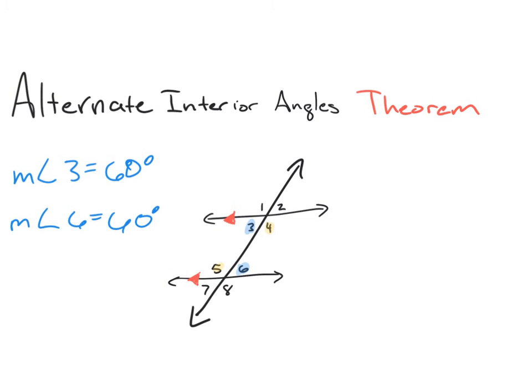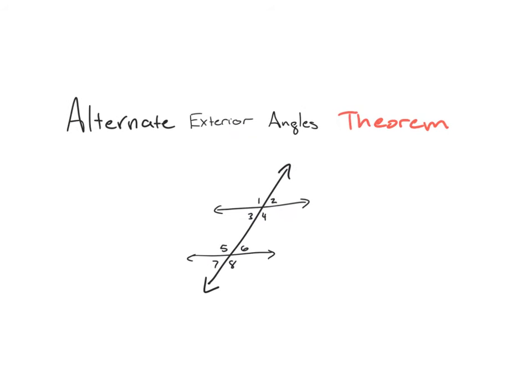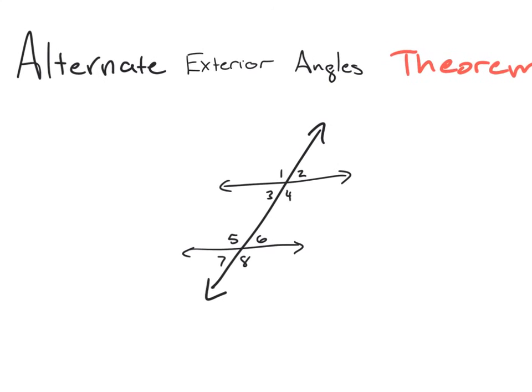Theorems and postulates give us the properties, where the definition just told us this is an alternate interior angle. Remember, this theorem is only true if the lines are parallel. Looking at the next one, alternate exterior angles. Those are also congruent if the lines are parallel. If the lines are not parallel, then that is not necessarily true.